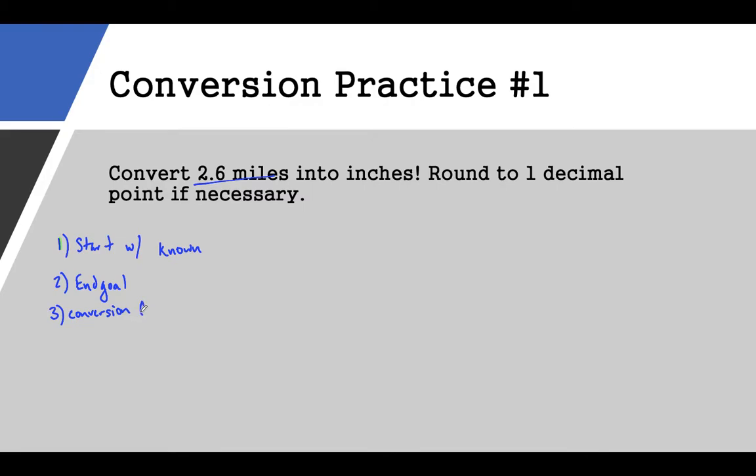You want to say, what are my current units? What units do I need then? What do I know about those units? And finally, you are going to determine the correct orientation of that conversion factor. So does that conversion factor go with miles at the bottom, miles at the top?